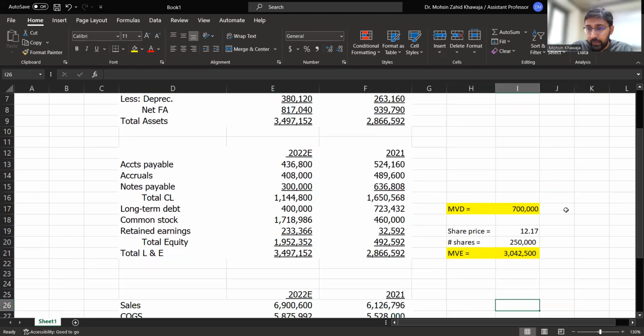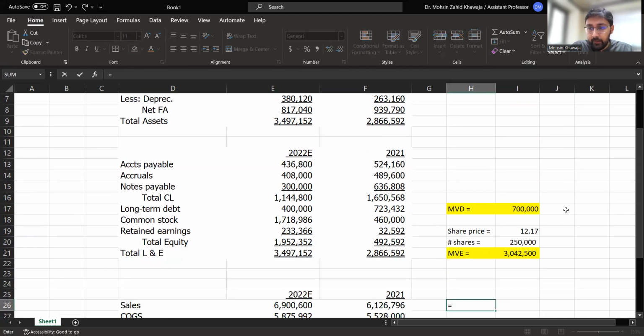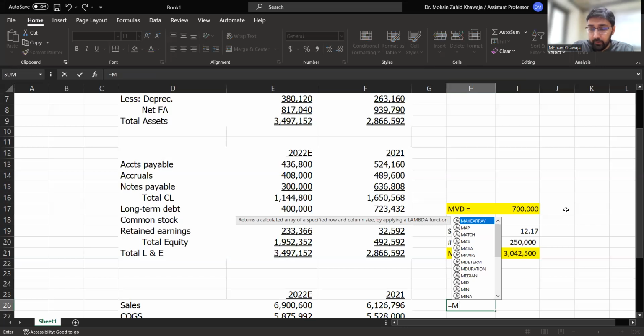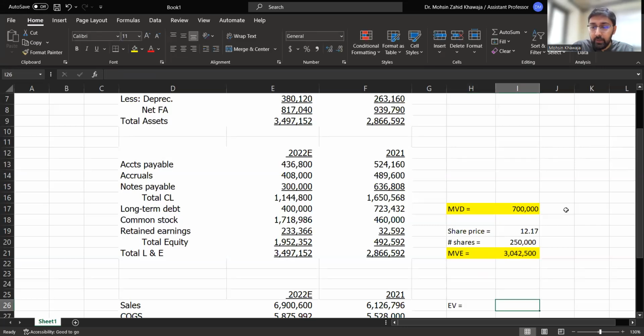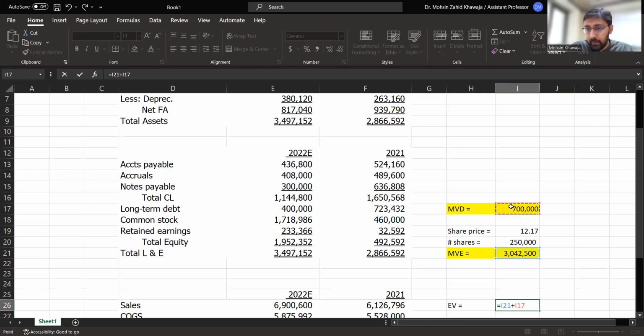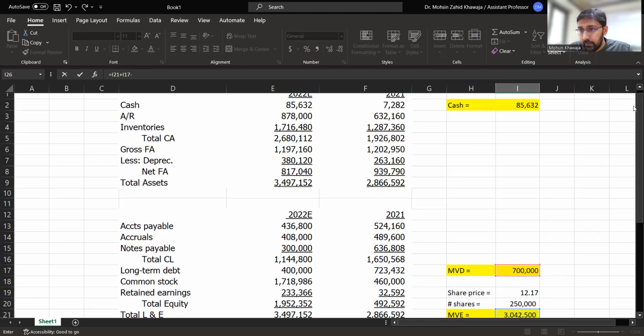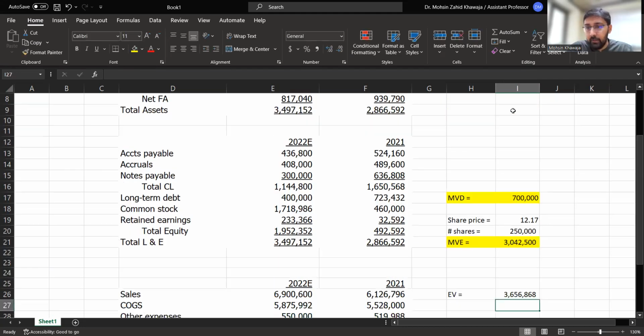So if we can do that calculation right here, that would be the enterprise value. Let me add these two up. This is the overall market value of the company, and I do a minus cash here. This number is the enterprise value. But the ratio wants us to divide this enterprise value by EBITDA.